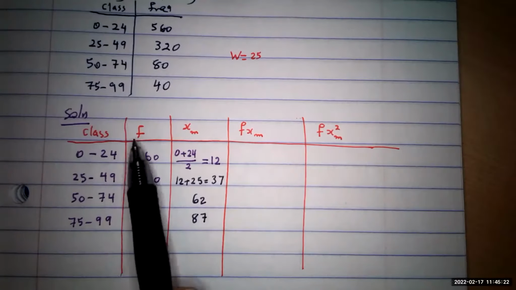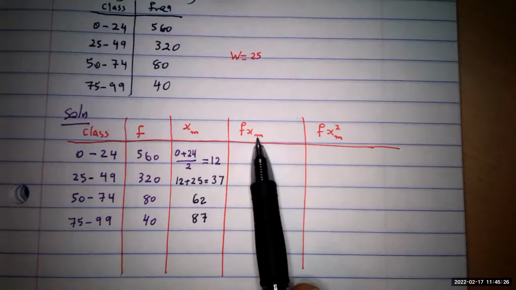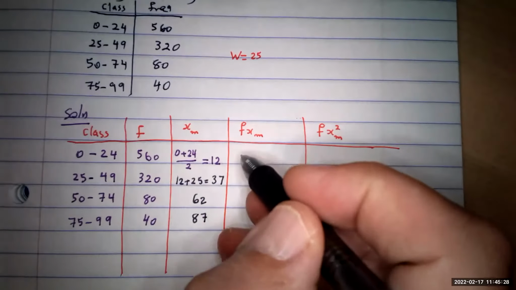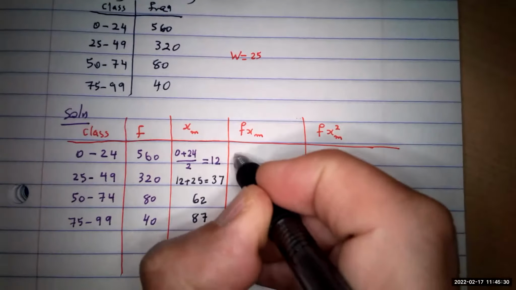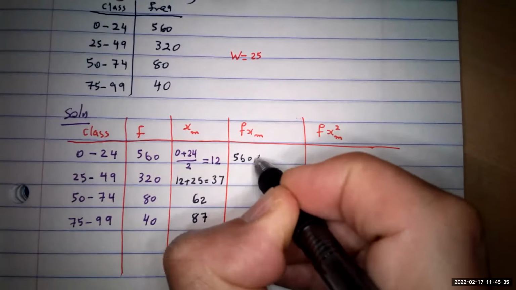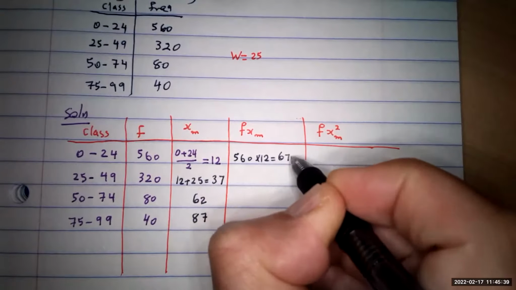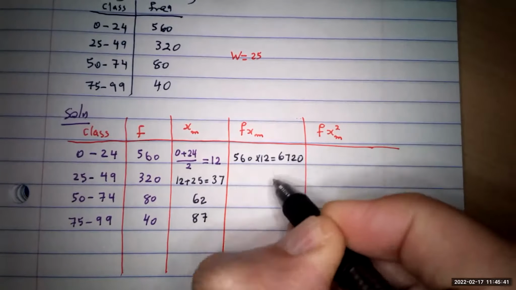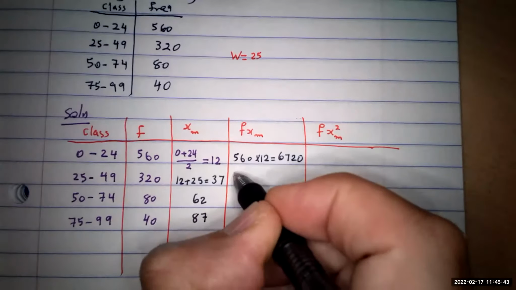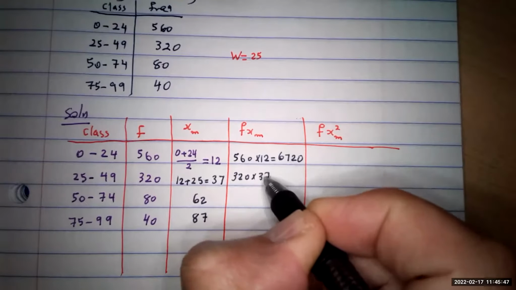Now you multiply these two together, that would be F times X. I'll just show you a couple of them and write the result. So it's going to be 560 times 12, which is 6,720. You do the same thing with 320, using a calculator, you don't have to rewrite this.